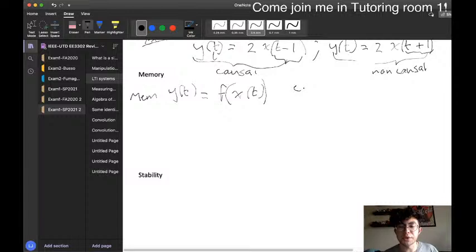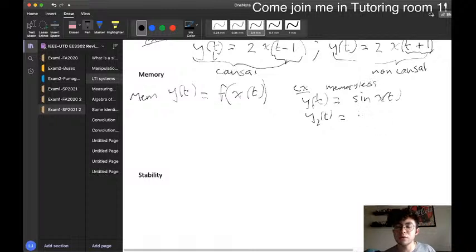A simple example is one where y of t is equal to, say, sine of x of t, or another memoryless one: x of t squared plus 4 times x of t. These are both memoryless systems because they are only functions of x of t.